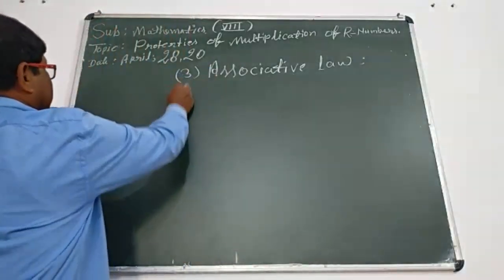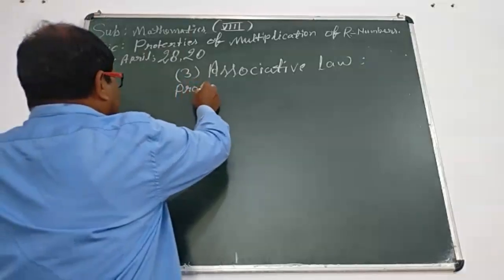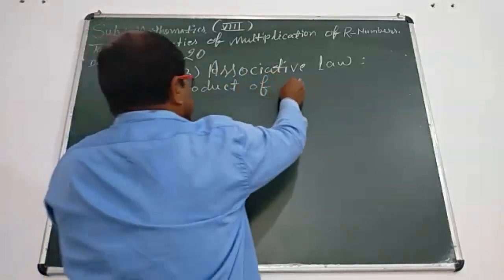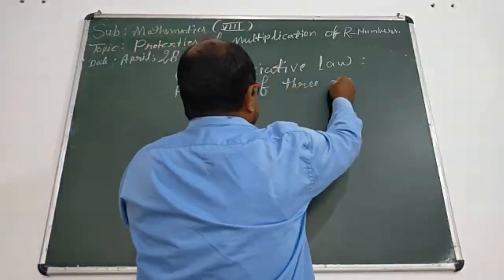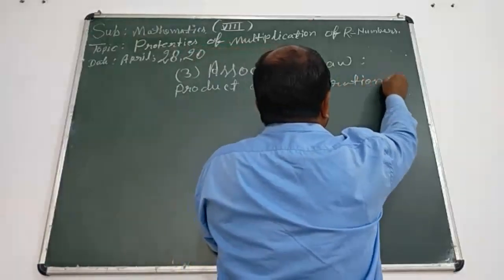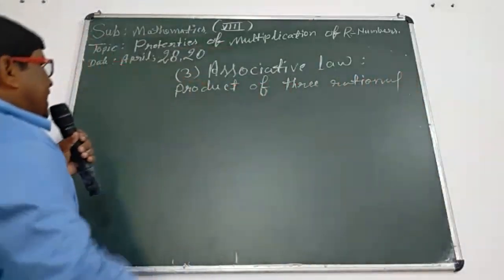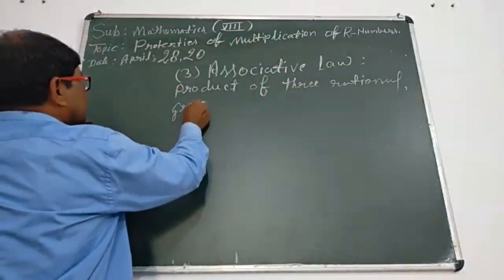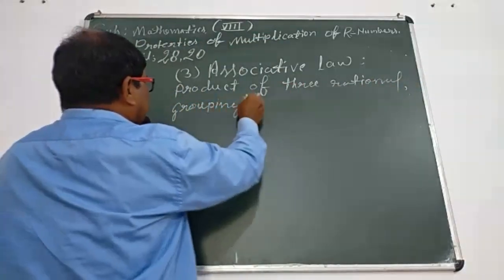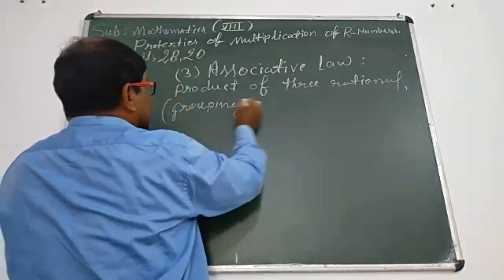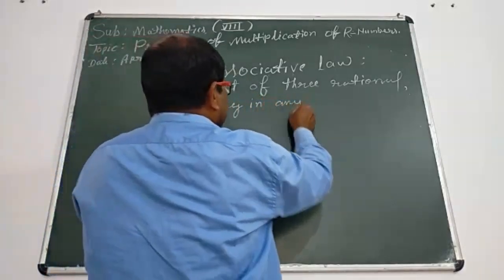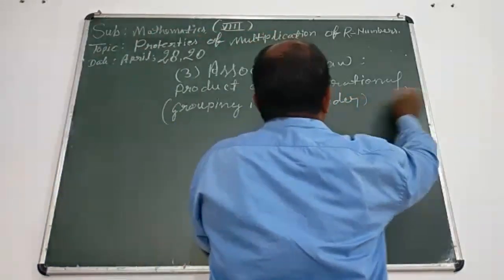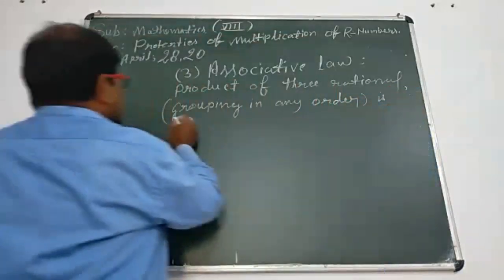First of all, write the statement. The product of three rationals, grouping in any order, is equal.